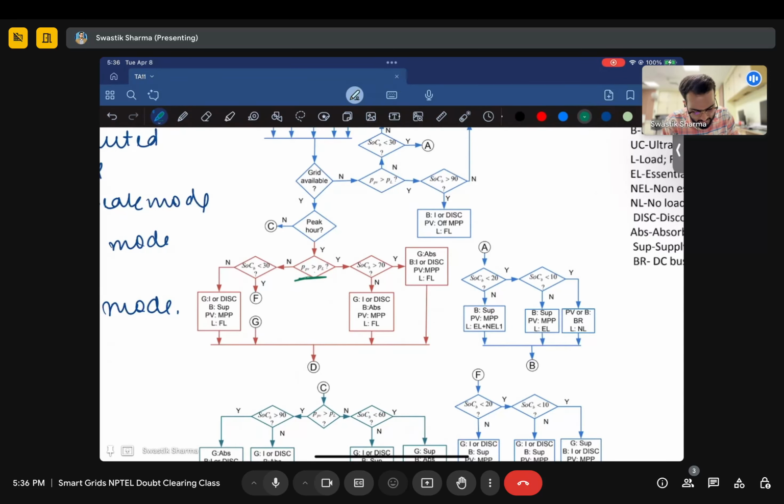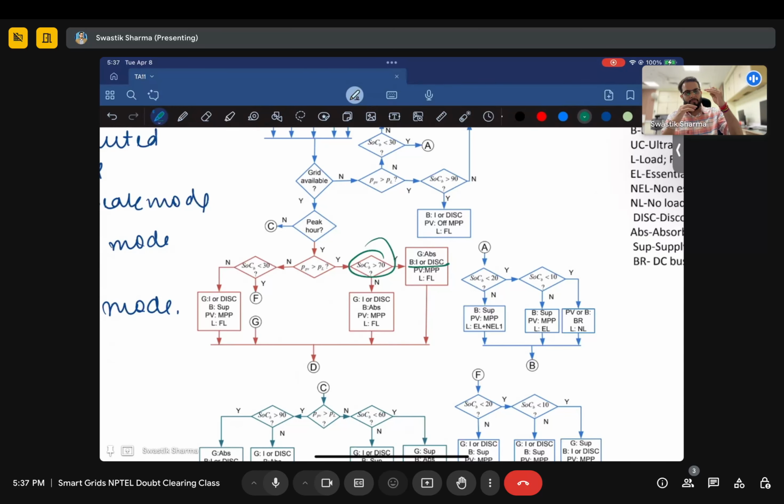If so, and if SOC is also at a very high level, 70 degree, your grid absorbs that extra power and your battery is at idle or disconnected. You maintain the SOC level at only 70 degree. Even though the battery can be at 70 degree, you will have a certain buffer, but you don't want to ensure that it's at 90 degree. Why would you charge all the way?